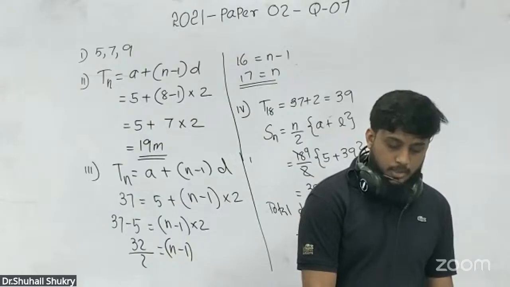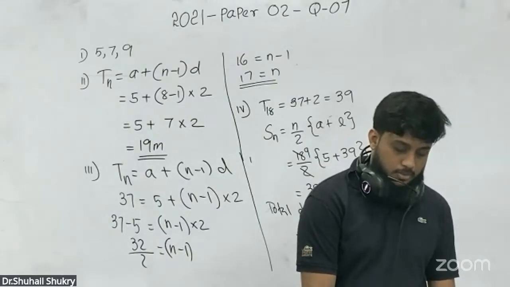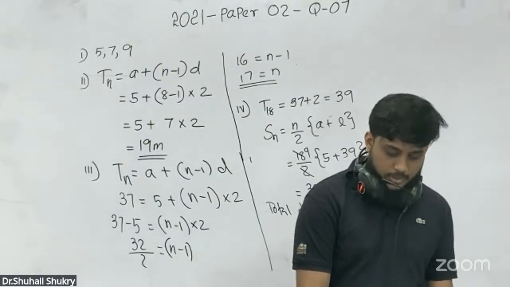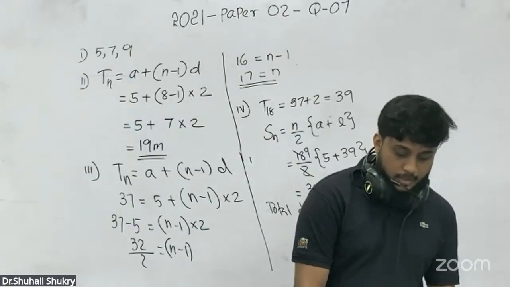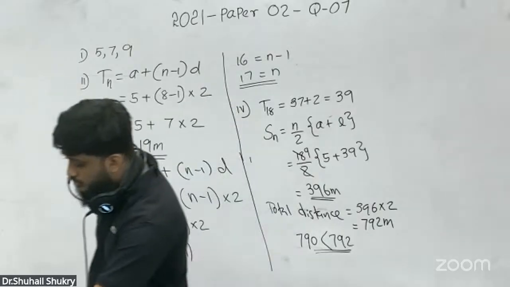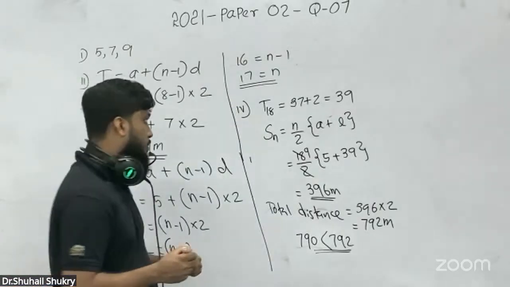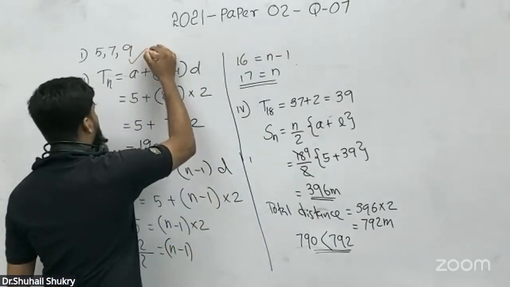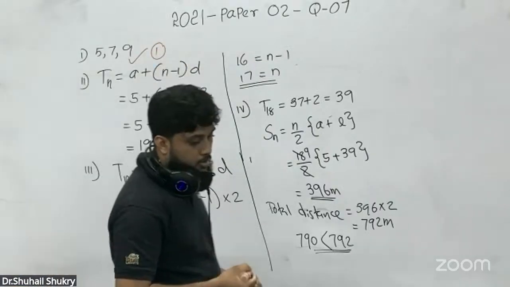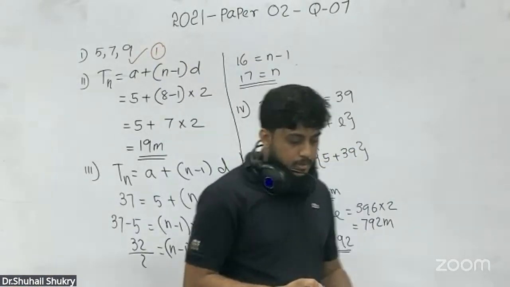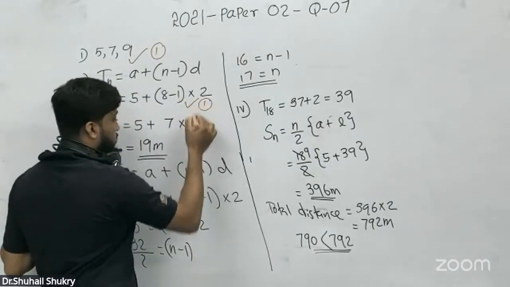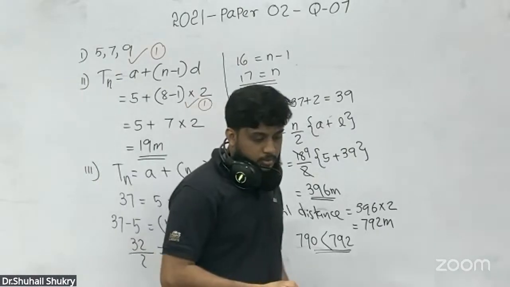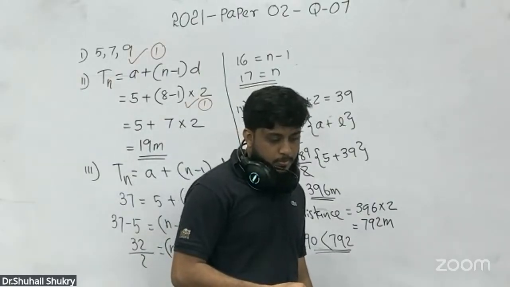Now let's see how the marks are distributed for this activity. For writing 5 and 39, they have given 1 mark. For writing 19 meters, for the substitution step, 1 mark.